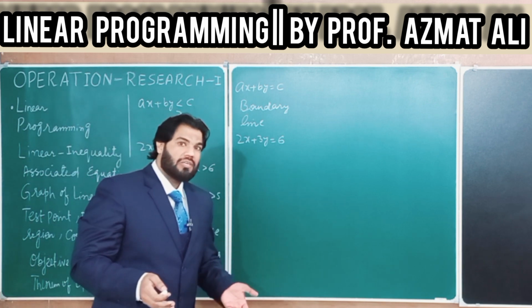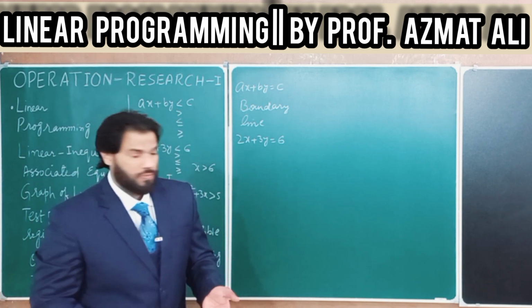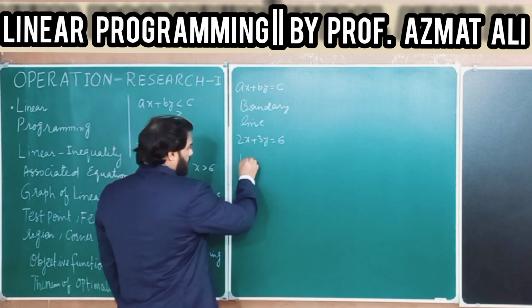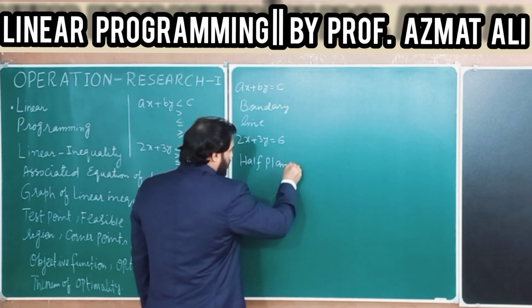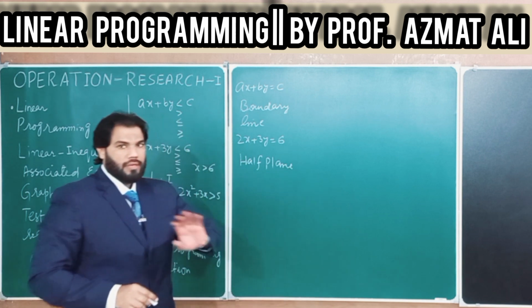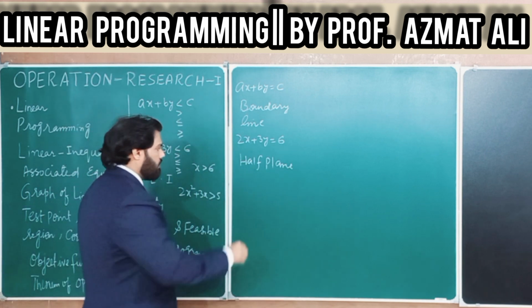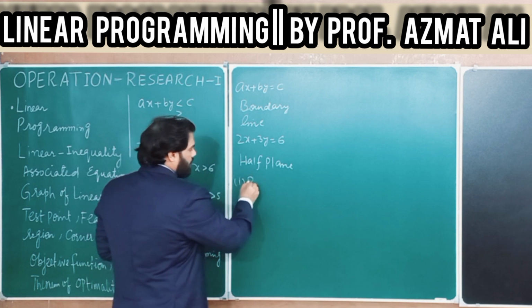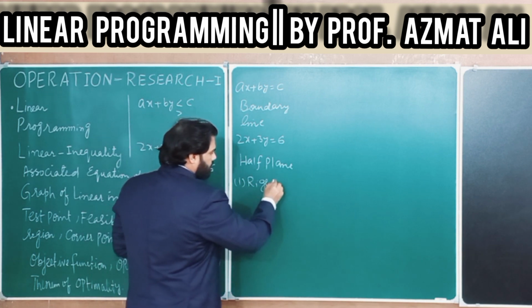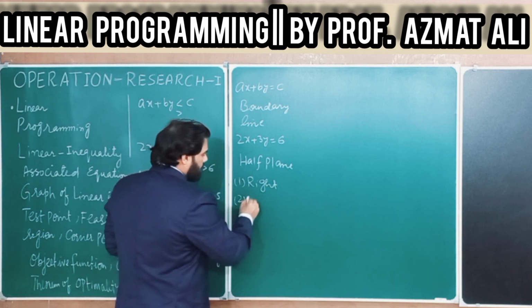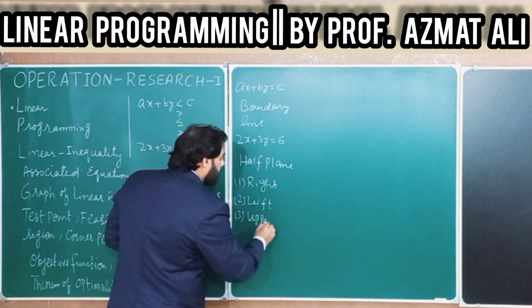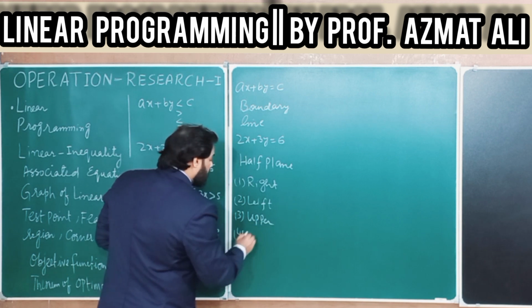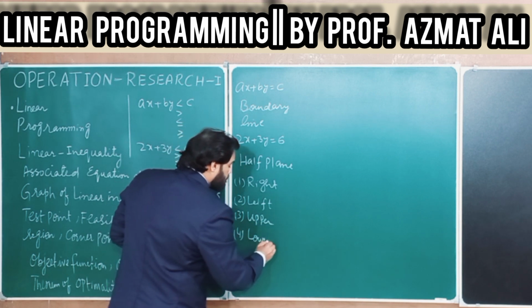Graph of linear inequality is always a half plane. Graph of a linear inequality is always a half plane. Now this half plane can be of four types. One is a right half plane, second is left half plane, third is upper half plane, and fourth is lower half plane.